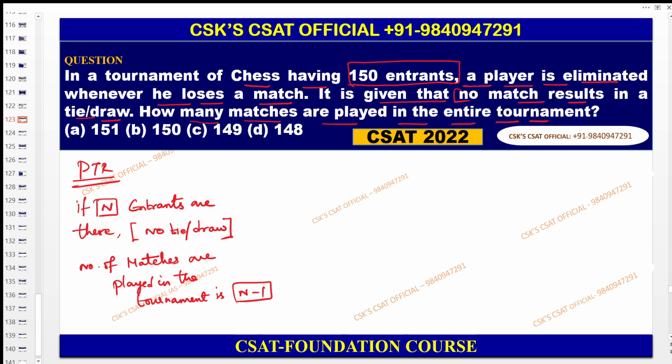That's it. If you remember this PTR point, then automatically you can see here n is 150, so n minus 1 is nothing but 149. That's it. So the answer is 149.